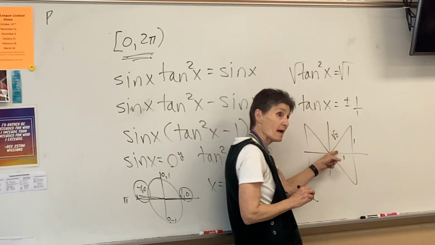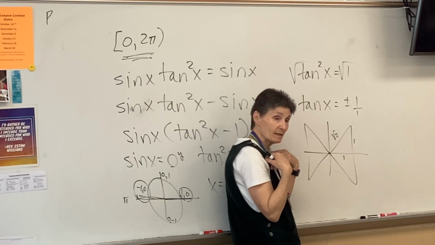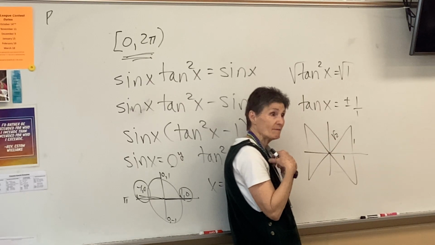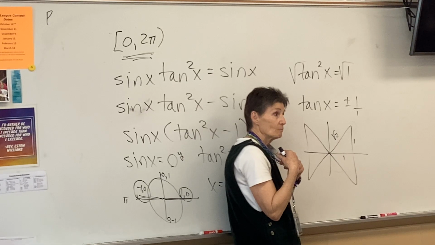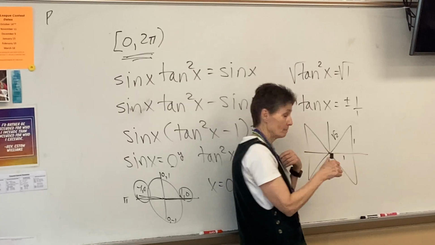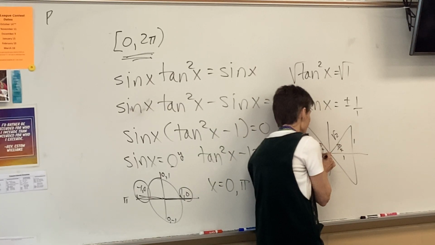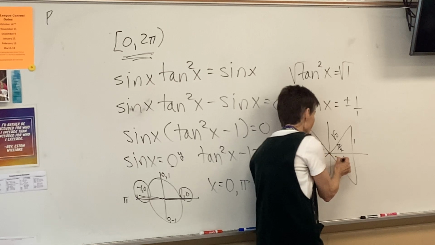What kind of angle is that? 45. But I'm in radians, so I can't say 45. I have to say, 45 is what fraction of 180? Pi over 4. Now, all these angles are pi over 4s.